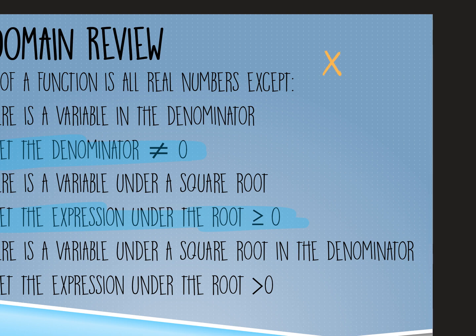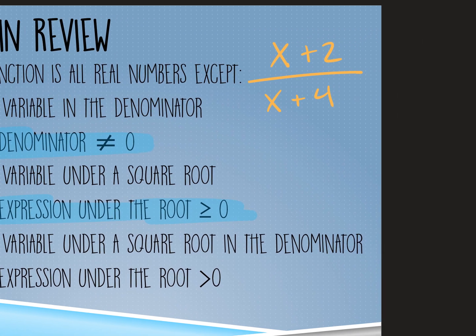So we'll do a little example here. Let's say I had (x + 2)/(x + 4), something like this. How could I find my domain? So we set the denominator not equal to 0.